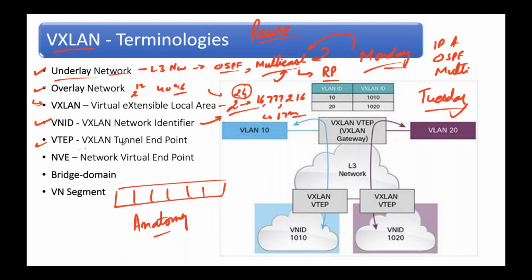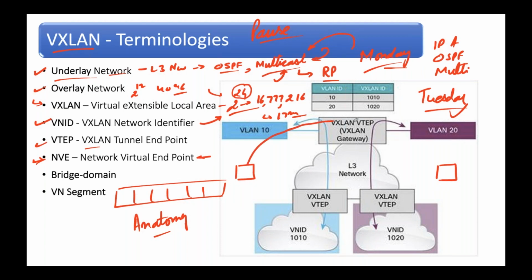VTEP. VTEPs may be physical or virtual devices. They are called VTEPs by virtue of configuration. VTEP devices, when we configure them, have an interface known as the network virtual interface. This is the interface on our VTEP devices from where tunnels are created. So you have a VTEP here and a VTEP over here.